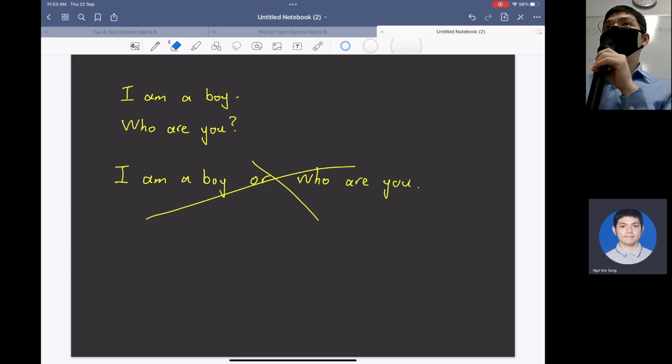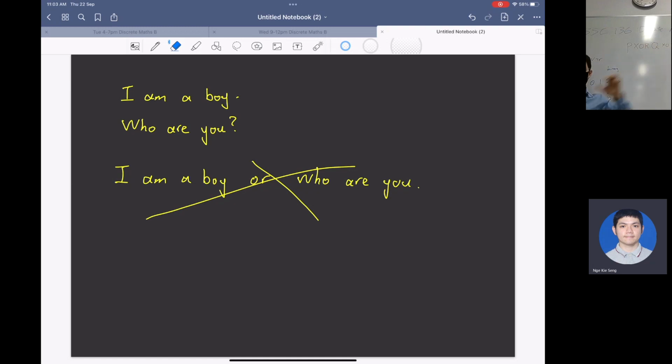Any more questions? In the other class, someone asked how to draw the truth table for this expression. First of all, you need to tell me the bracket first.